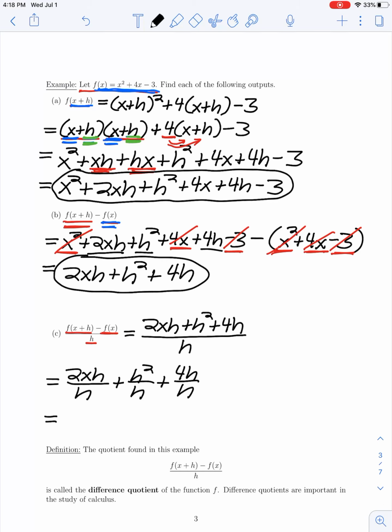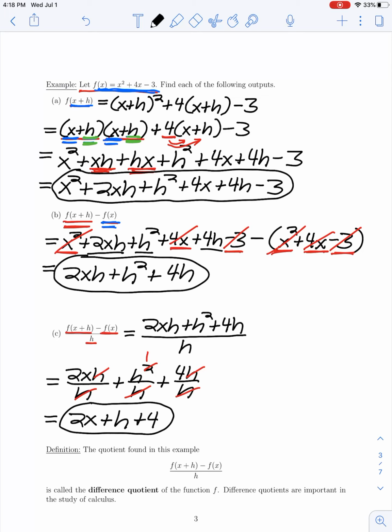So simplifying, well, in our first term, we can cancel a factor of h on top and bottom. In our second term, I can cancel 1 power of h on top and bottom. That leaves me with 1 power of h in the numerator. And for the last term, we can cancel that 1 factor of h on top and bottom. And we're left with 2x plus h to the first plus 4.